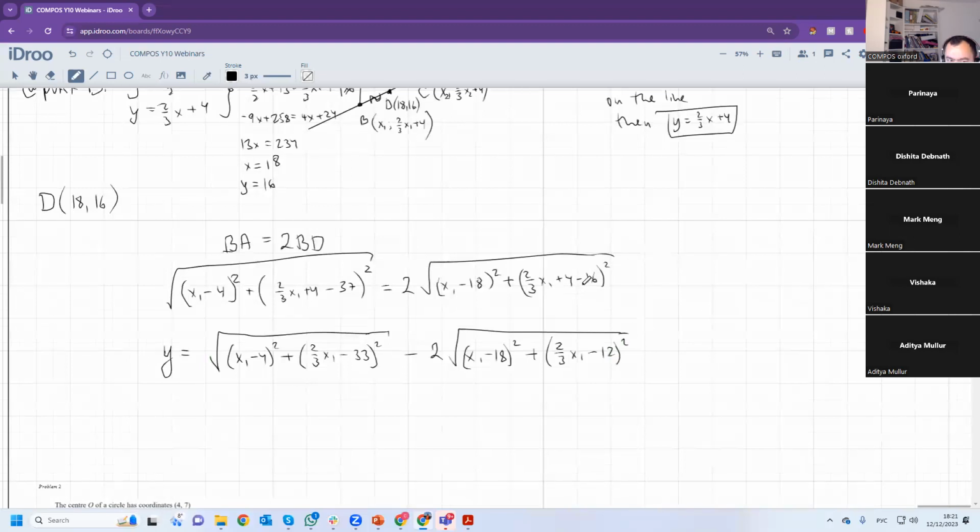So I'm just simplifying. I'm not doing anything here. All I'm doing is taking this to the left-hand side and making it y equal to that.